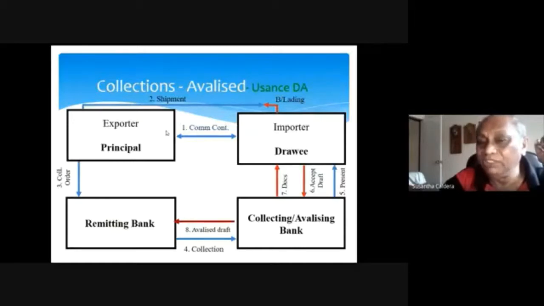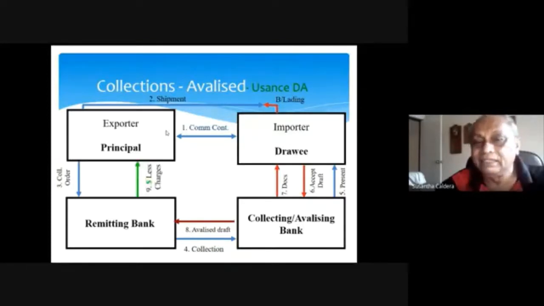Once the remitting bank has that irrevocable guarantee from a bank, immediately, without waiting for 60 days, they will discount the bill and give money to the exporter. Then on the maturity date, the importer will pay, number 11.